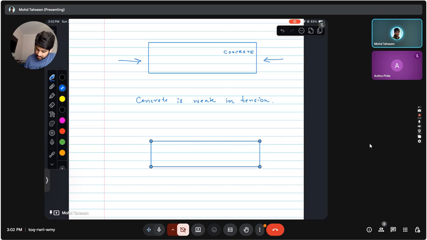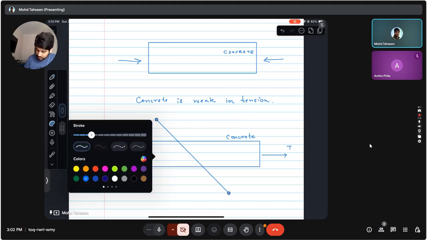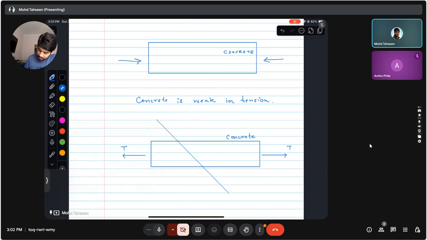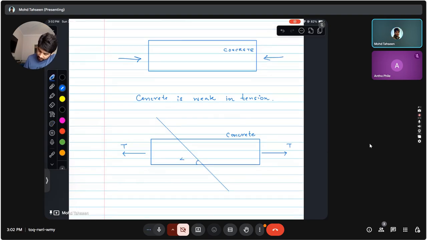So for example, let's say that I am applying a tensile force T on a concrete bar, right? If we take a section which is at 45 degrees to this applied load, let's say this is 45 degrees, the plane of the concrete inside the bar, the value of shear stress is maximized in this plane.